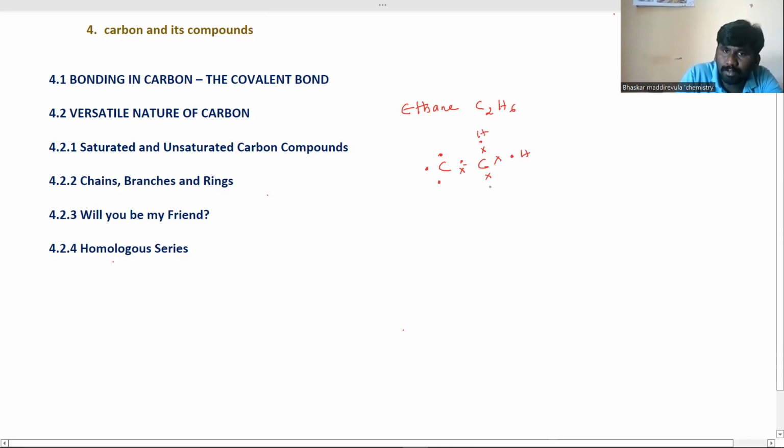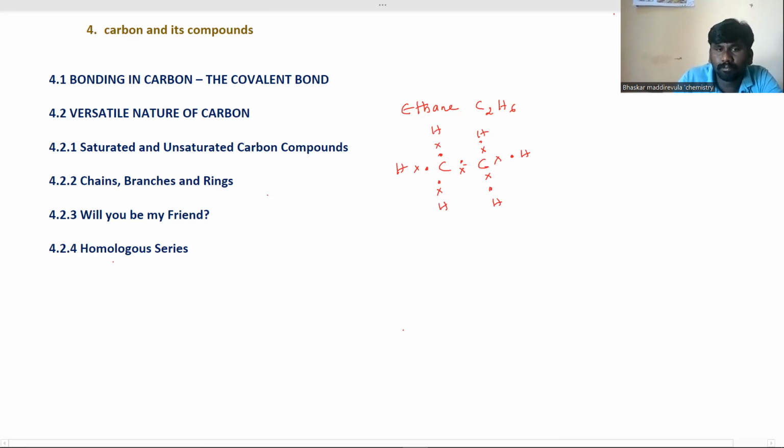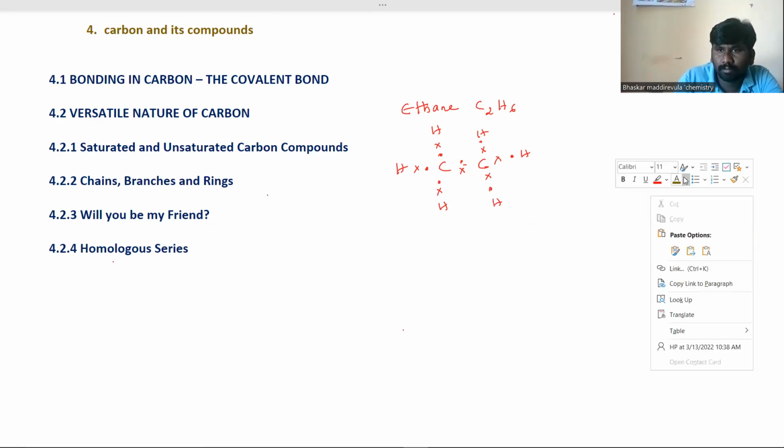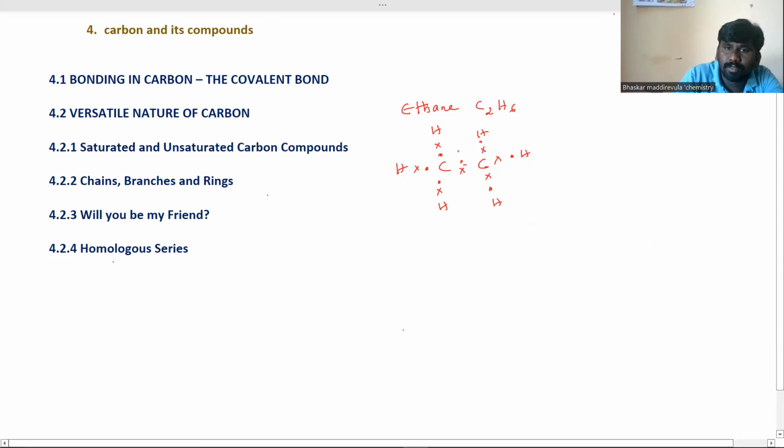This is the Lewis dot structure of the ethane molecule.